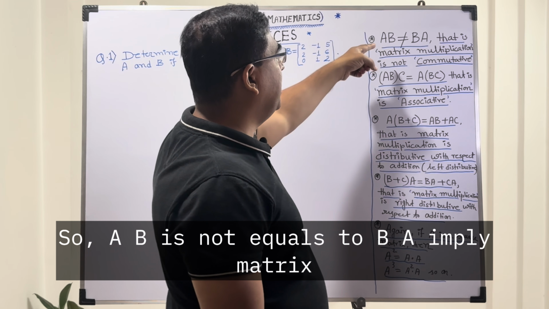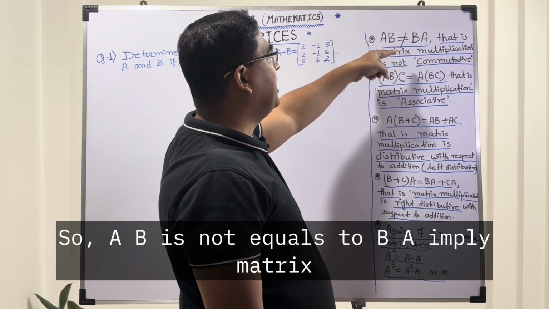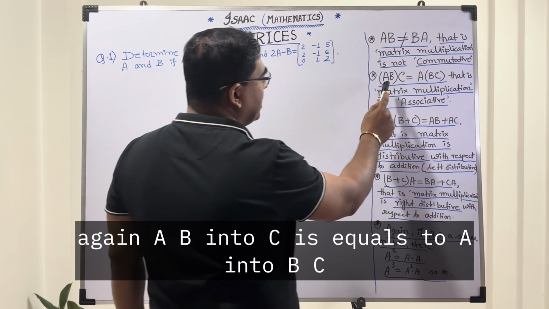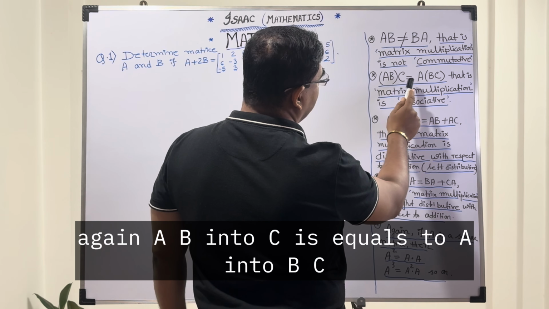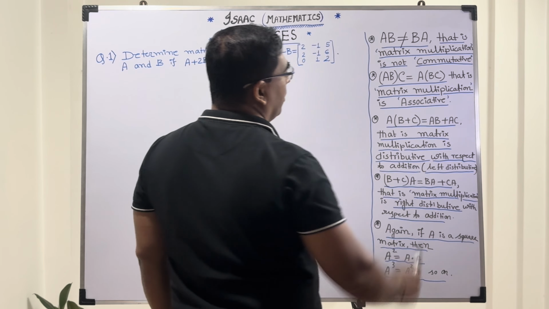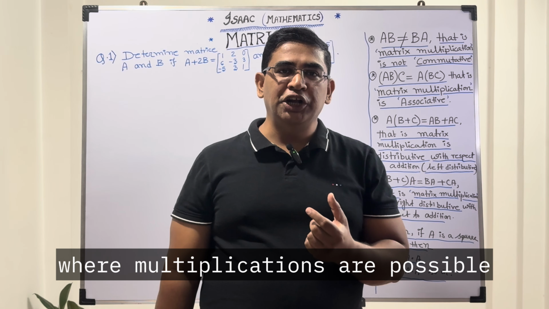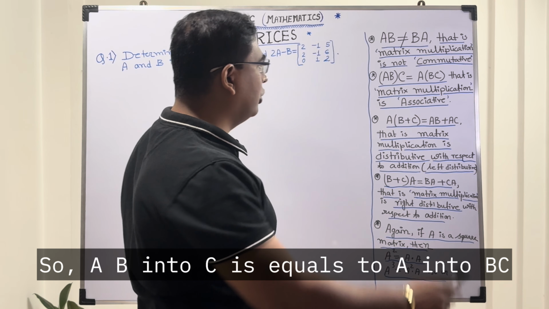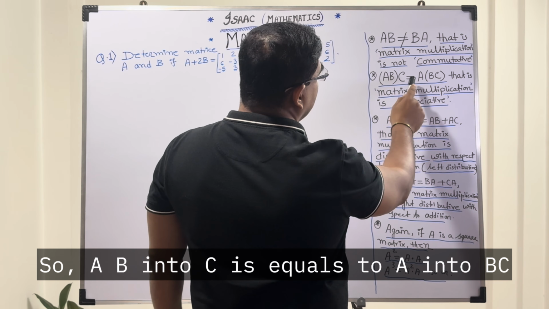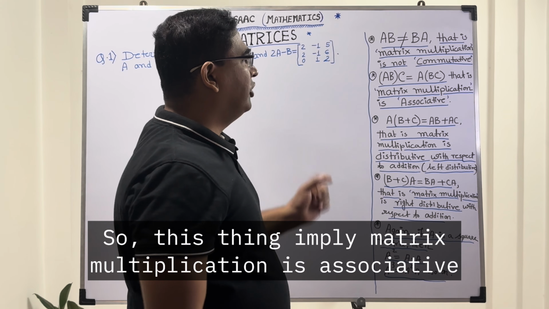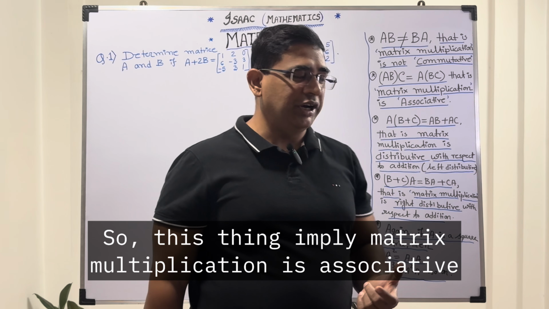So AB is not equal to BA implies matrix multiplication is not commutative. Again, (AB)C is equal to A(BC), where A, B, C are three matrices where multiplications are possible. So these things imply matrix multiplication is associative.